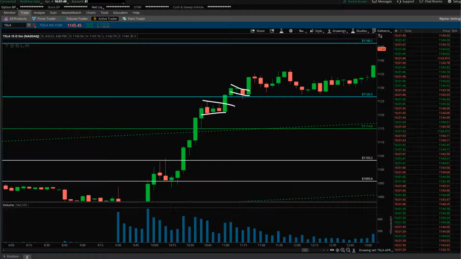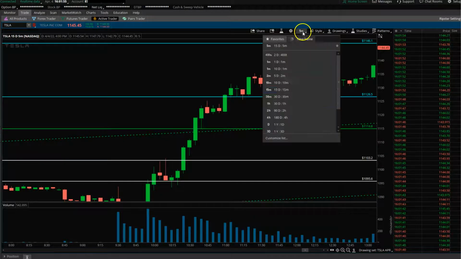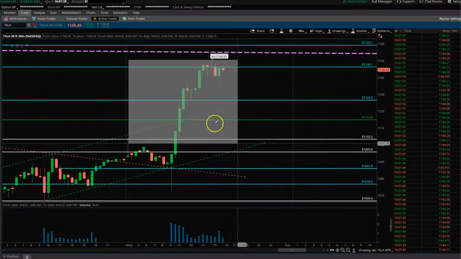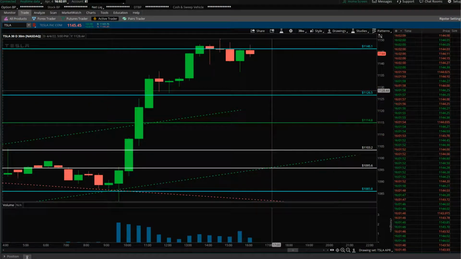I know I scalped some because bottom wicks, no bearish bars in 30 minutes, and boom. So it's closing nicely at 1146. It couldn't really get above that, but that was the initial target.